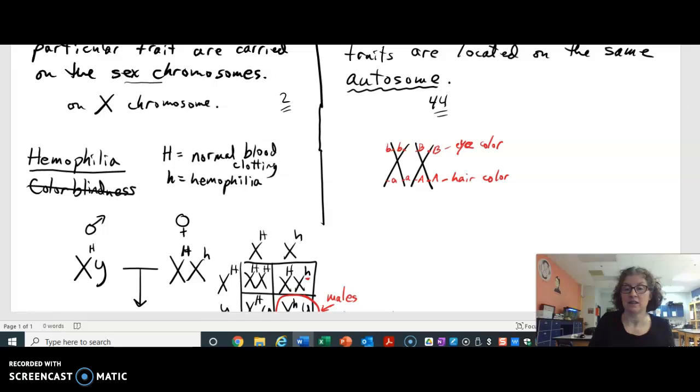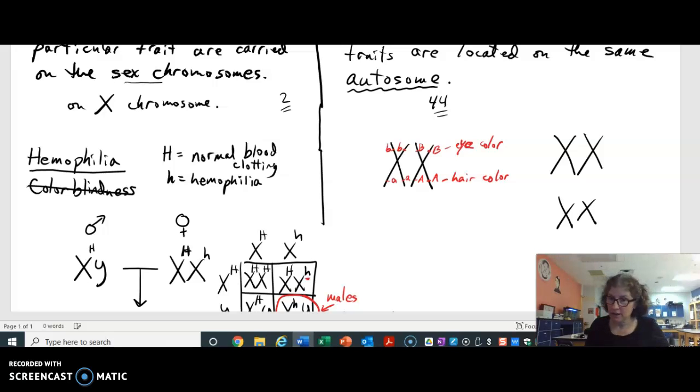He didn't know this because he didn't know anything about chromosomes, but he came up with the law of independent assortment because luckily for him, the contrasting traits that he was using, like A's and B's and whatever you want to make them, were located on different chromosomes, right?